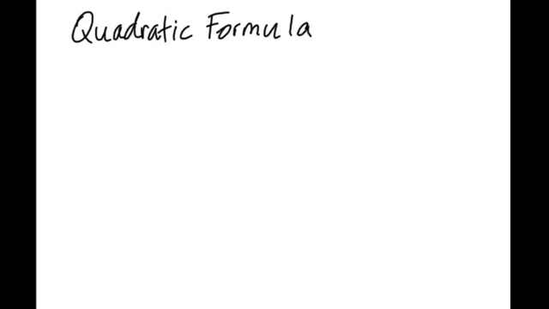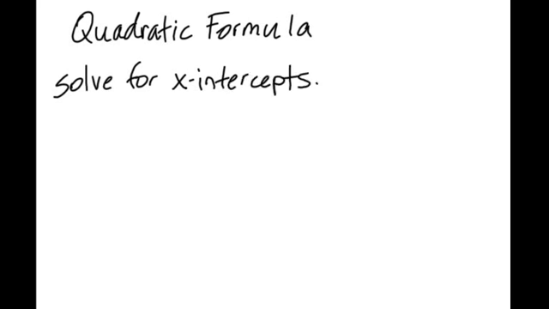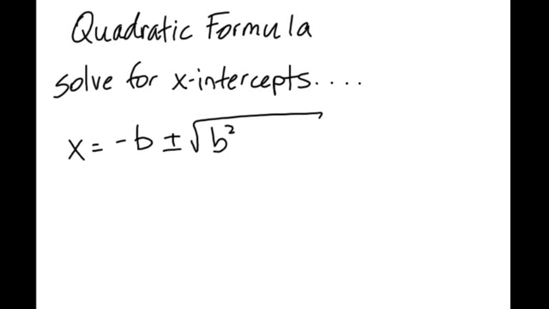Because it works for every quadratic equation, we call it the quadratic formula. And we can solve for the x-intercepts by doing x equals negative b plus or minus the square root of b squared minus 4ac all over 2a.